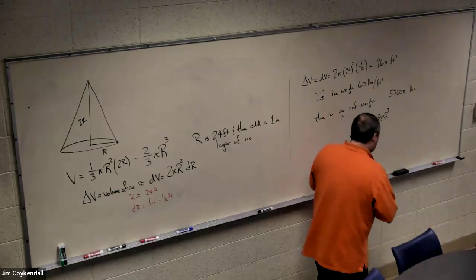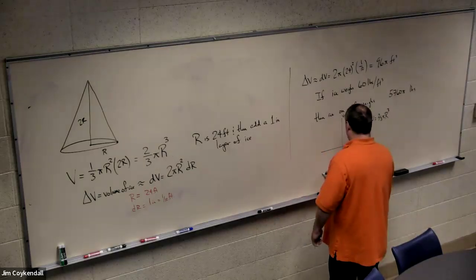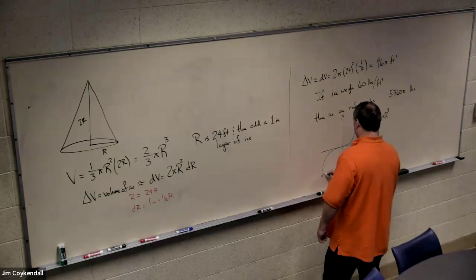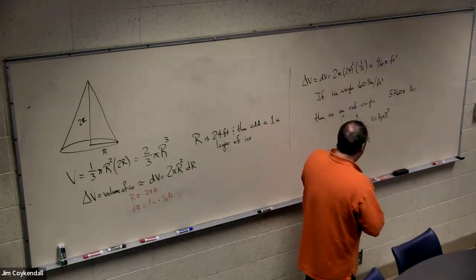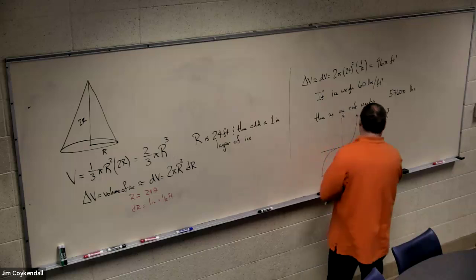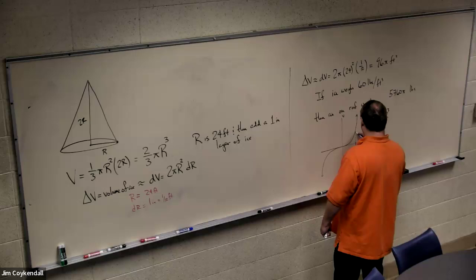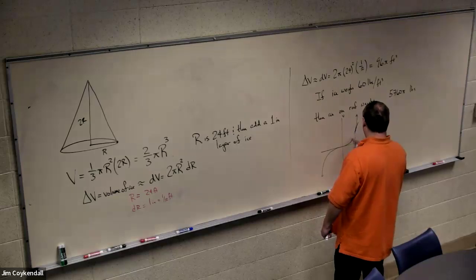I don't care about the 235. And actually, I don't even care about this. This thing looks basically like a cube like this. What we've done is 24 and 24 plus 1 inch, not to scale, and we're using the tangent line to approximate this.